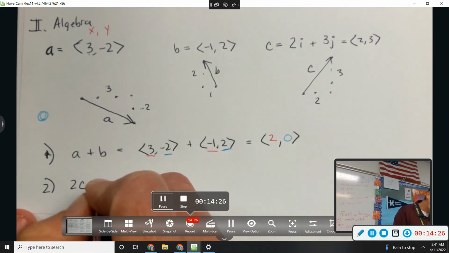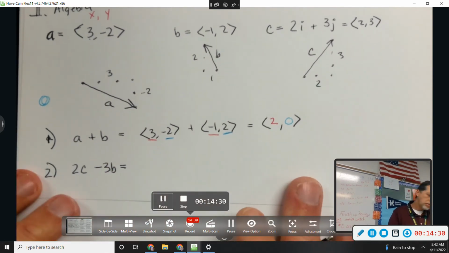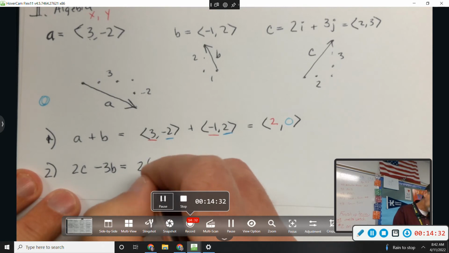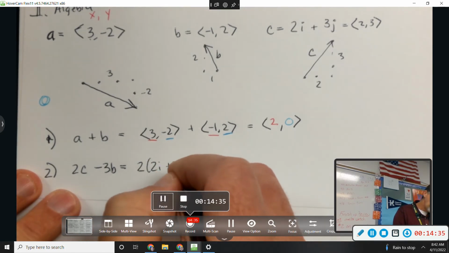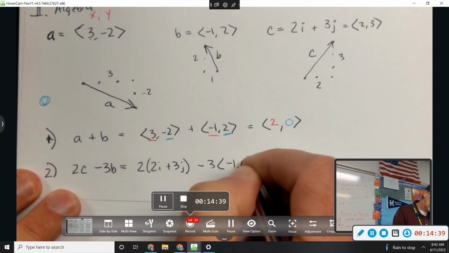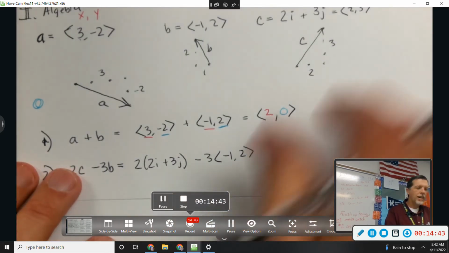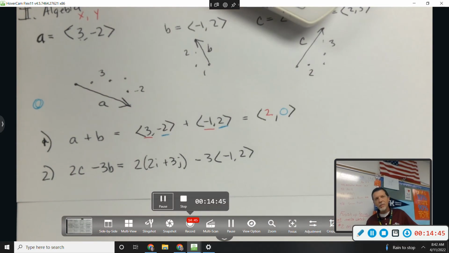Let's try 2c minus 3b. So 2 times 2i plus 3j minus 3 times -1, 2. I'm going to show a lot of steps. A lot of you are not going to show many steps, or maybe even any steps.